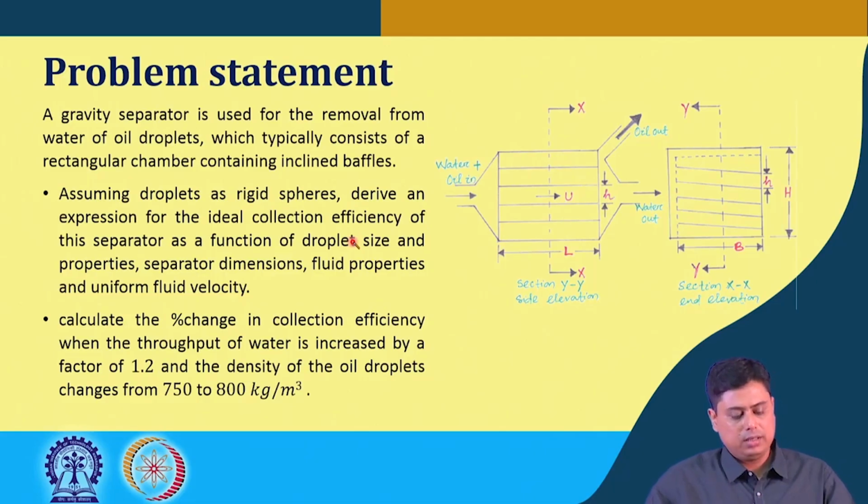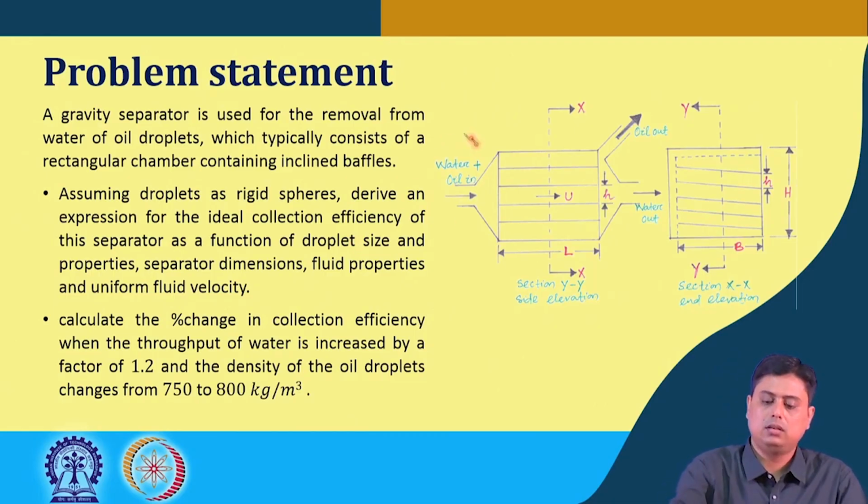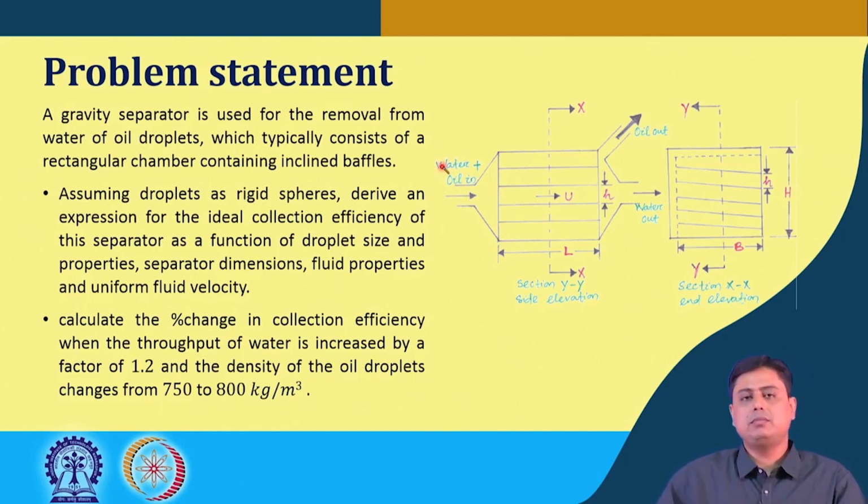The second part says to calculate the percentage change in collection efficiency when the throughput of water, or this inlet, is increased by a factor of 1.2, and the density of the oil droplet changes from 750 kg per meter cube to 800 kg per meter cube.